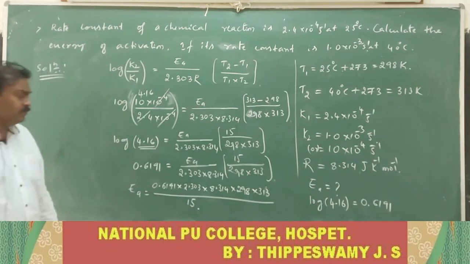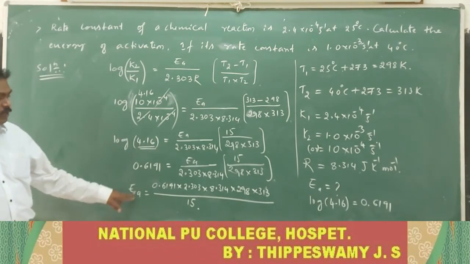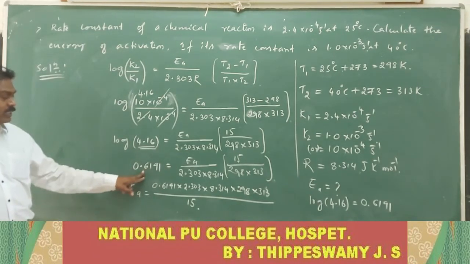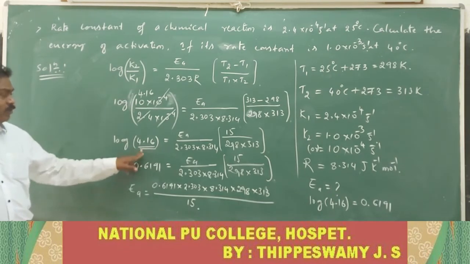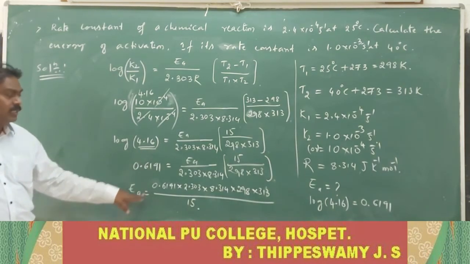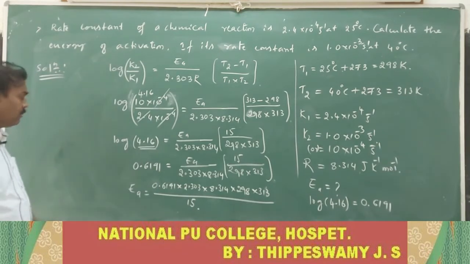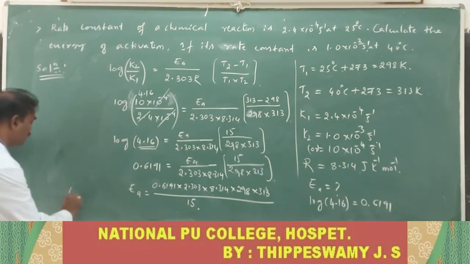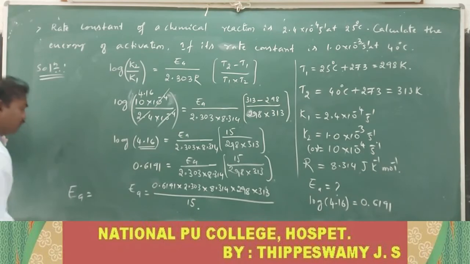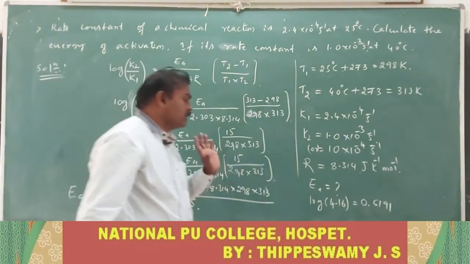Following all of you? On simplification you get what now? This value 0.6191 is log 4.16 only. Then you write EA is equal to this one. So finally I am writing the answer for the activation energy EA. On simplification, you tell me the final answer now.